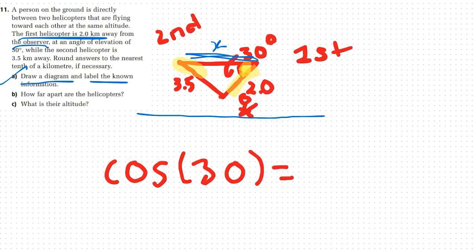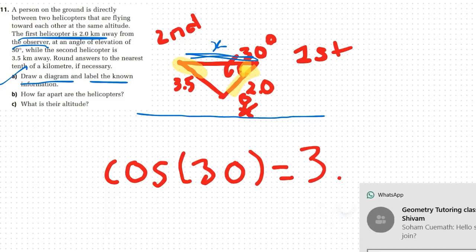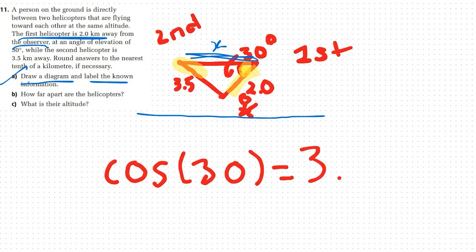Formula is what? The opposite of 30 is 3.5. See, first add the squares of the sides: x and 2. So x square plus 2 square.